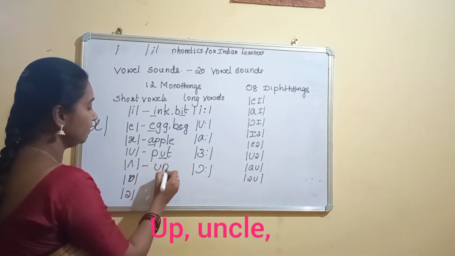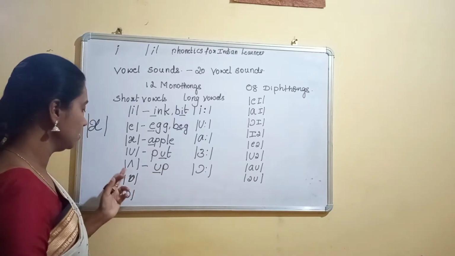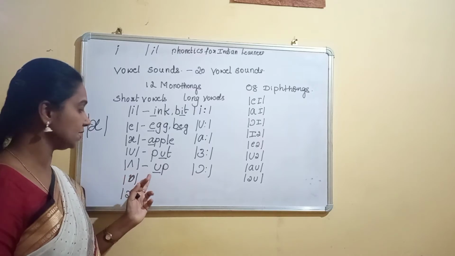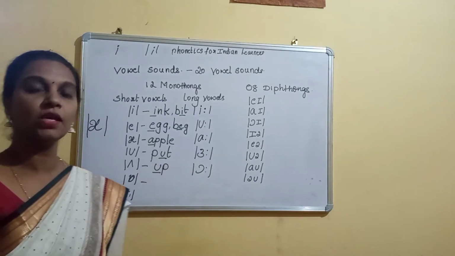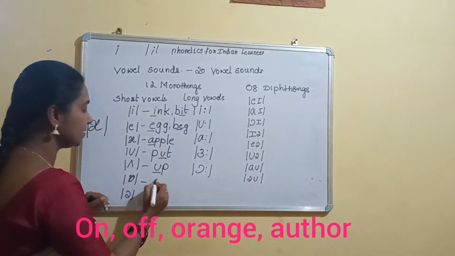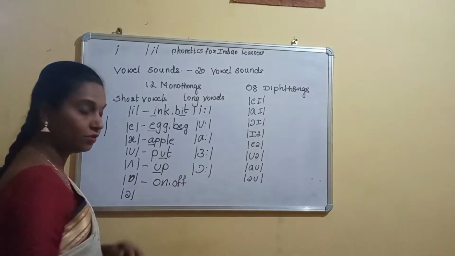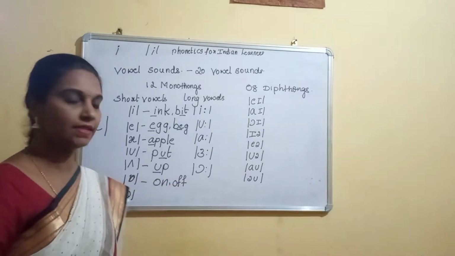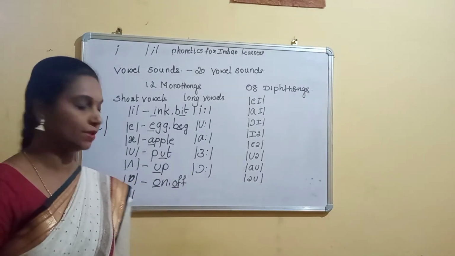For example, up. This is the symbol of the sound a. And the next sound is a, and the examples are on, off, orange, etc. In these words, this sound occurs in the initial position.